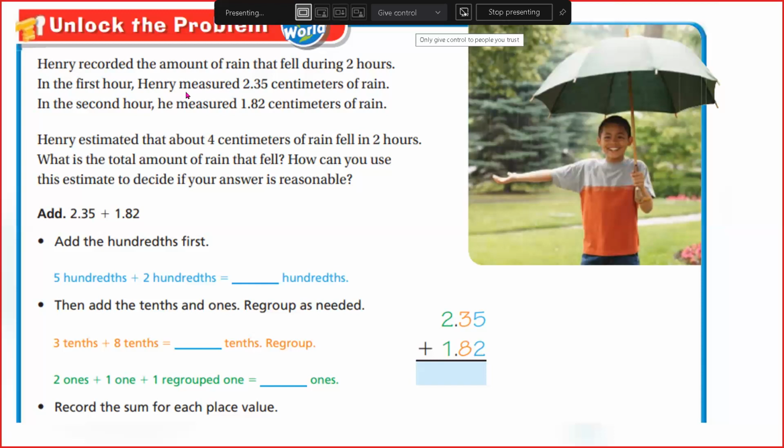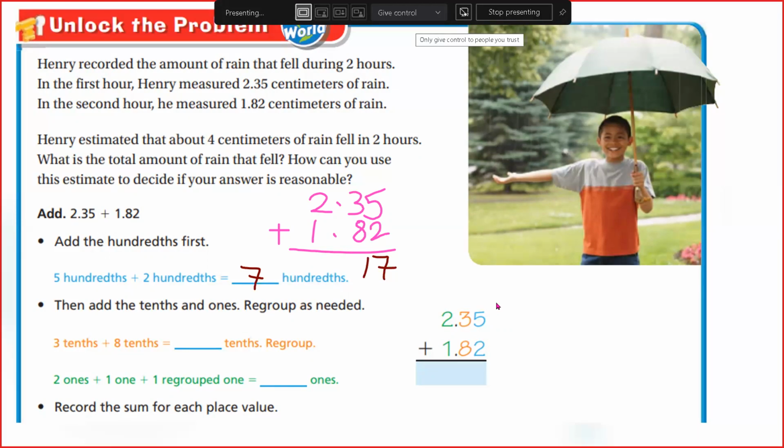So what you have to do, you have to add them together. 2.35 plus 1.82. So first, what do you have to add? You have to add the ones or the tenths or the hundredths? Hundredths. Bravo. So 5 hundredths plus 2 hundredths is 7 hundredths. Then 3 tenths plus 8 tenths, it's 11.